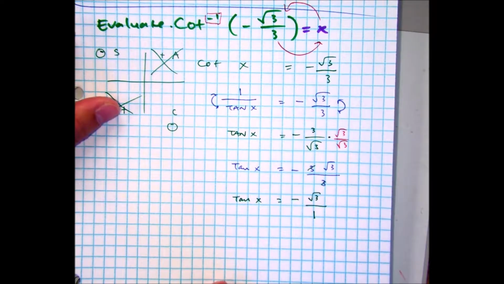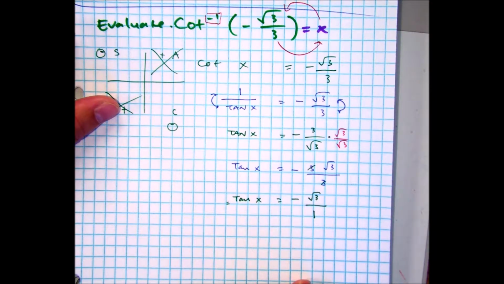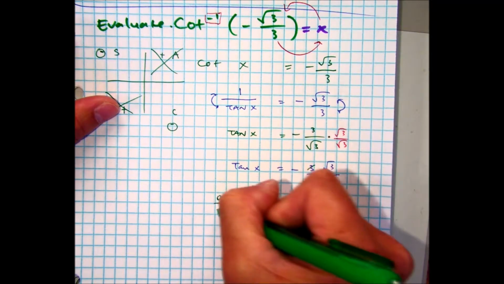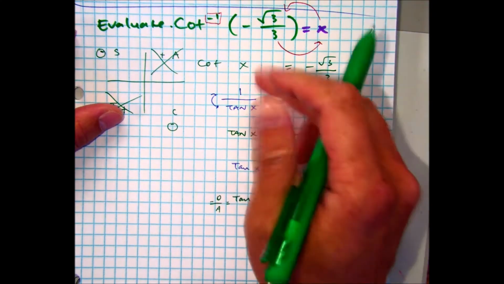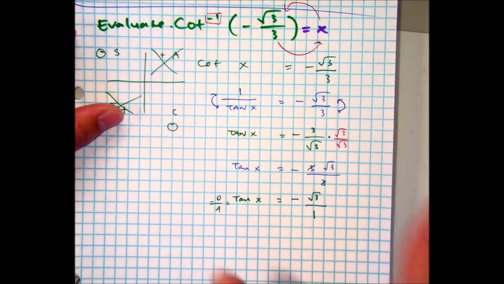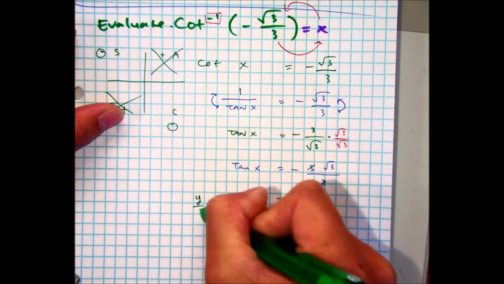Okay, what do you know about tangent? Someone said opposite over adjacent. Okay, not helpful for the unit circle. What else? Okay, we already did that, right? So I'm not going to use a reciprocal identity. Y over x.